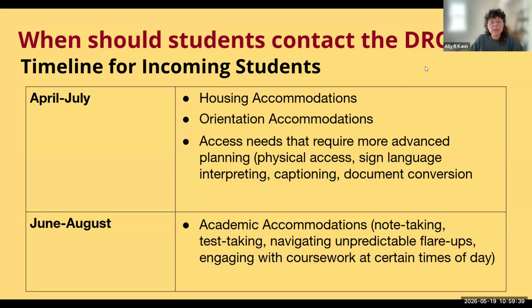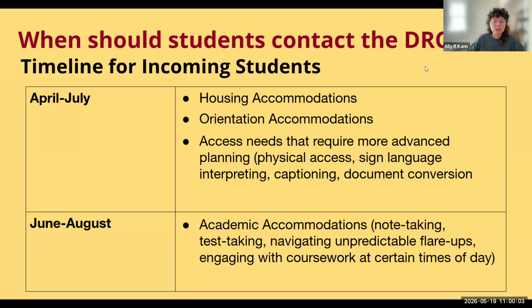Basically, accommodations that really must be put in place for the student to be able to engage in the environment fully. And then in June through August, it's really great if students can reach out for academic accommodations in the summer. I would really encourage them to reach out to us sooner rather than later because as soon as September hits, we get a huge influx of students, so that can really add to our wait times, and that can be really stressful for students.